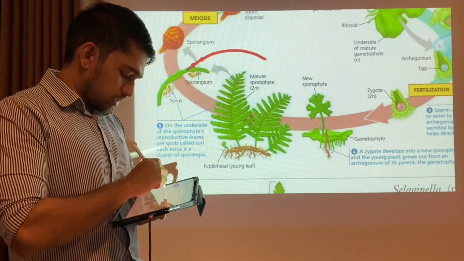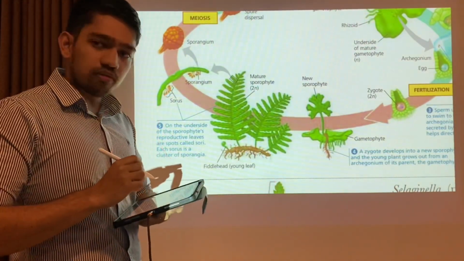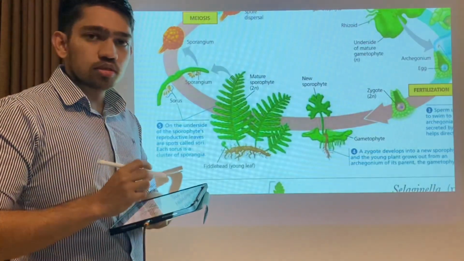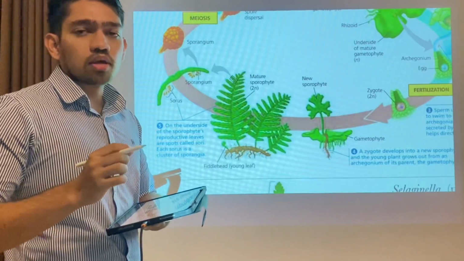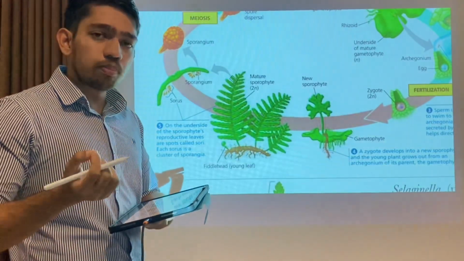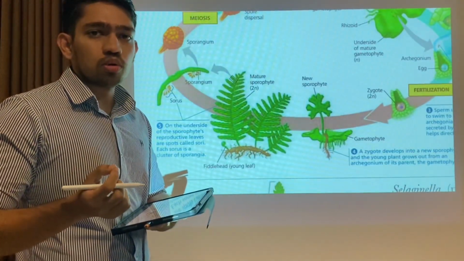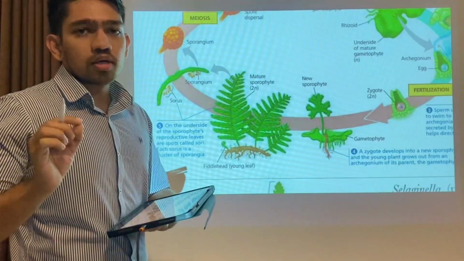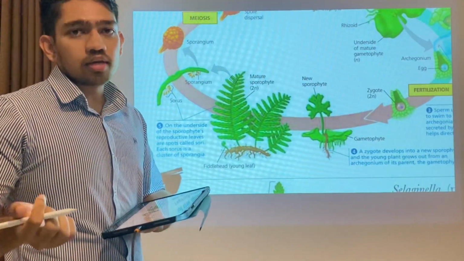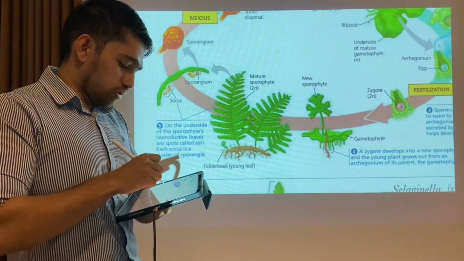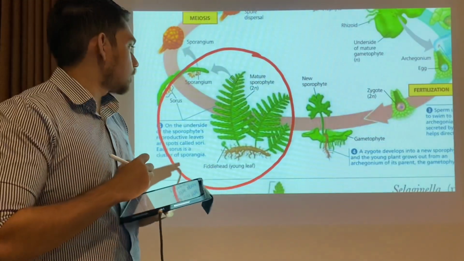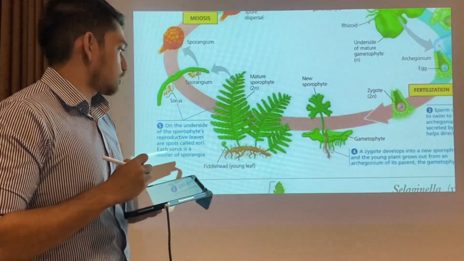As I mentioned, the evolutionary trend is for the sporophyte to gradually become dominant and the gametophyte to become dependent on the sporophyte and also very small and eventually microscopic. So according to that evolutionary trend, this sporophyte is the dominant stage of the life cycle.